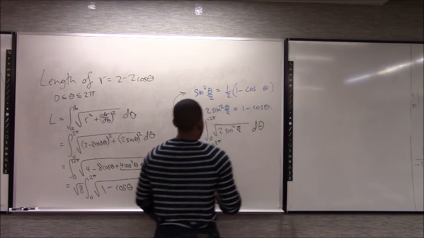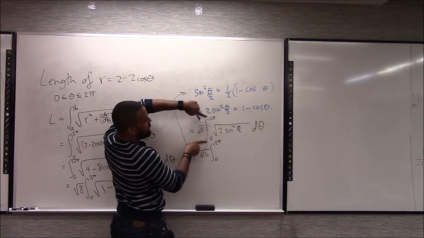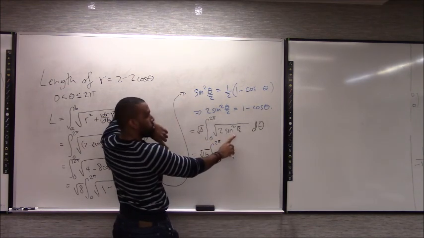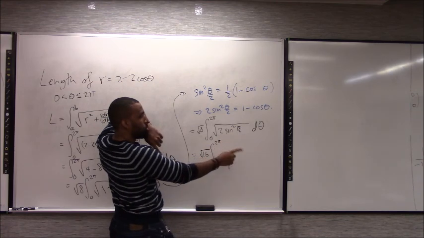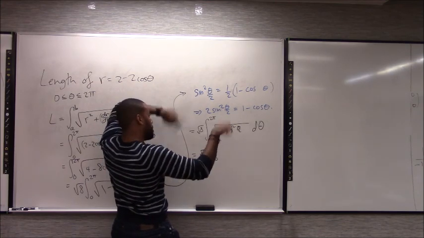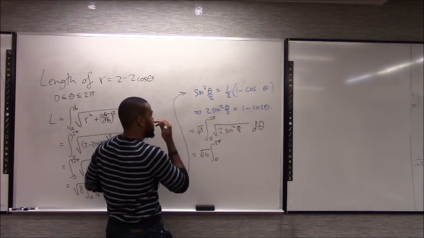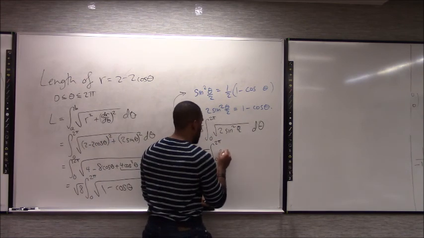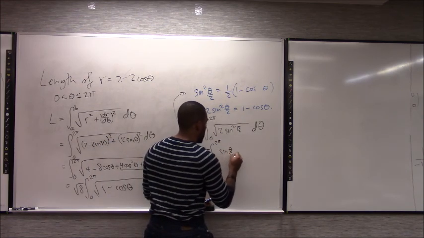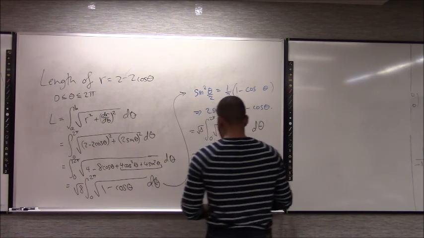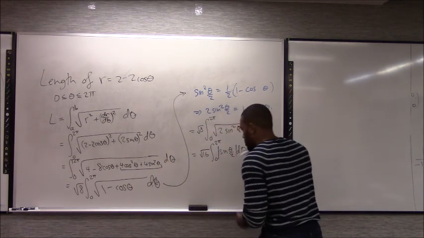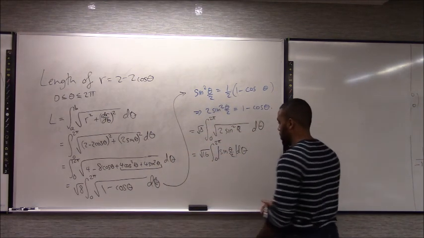And of course on this interval, sine of theta over 2 is actually going to be positive. Technically it's an absolute value, but it's positive here, so it's just sine theta over 2, and the absolute values won't matter.